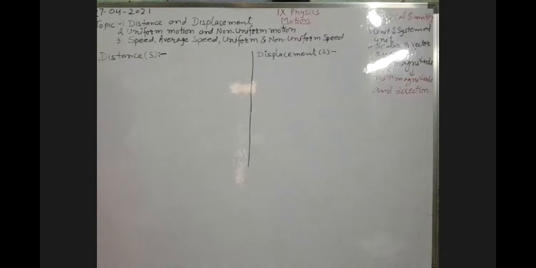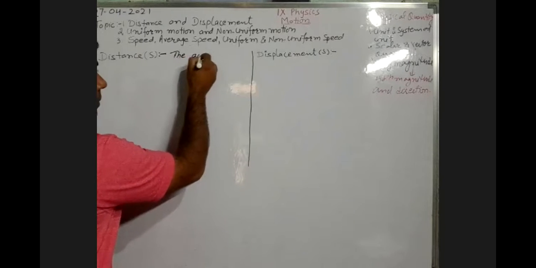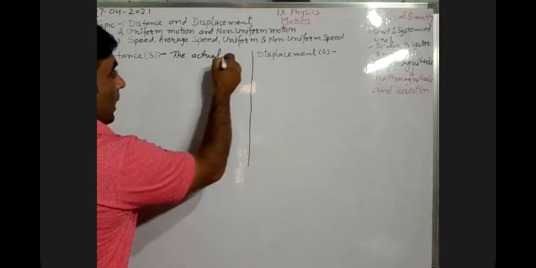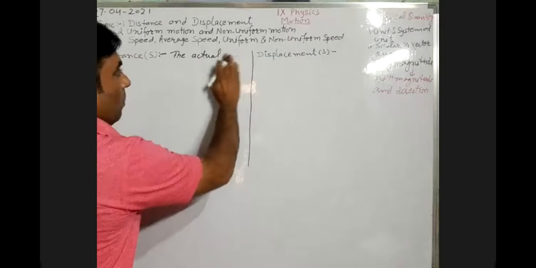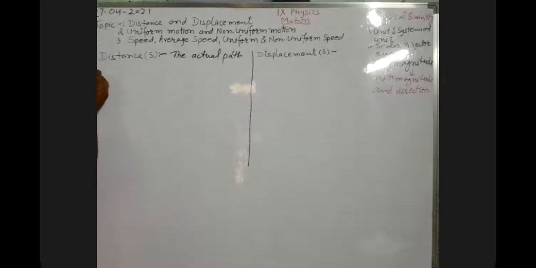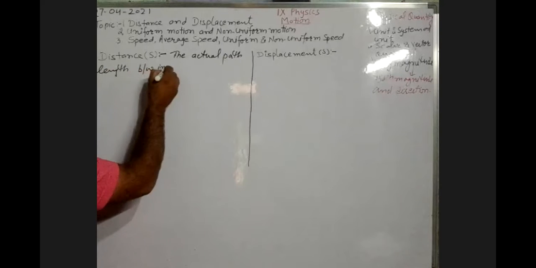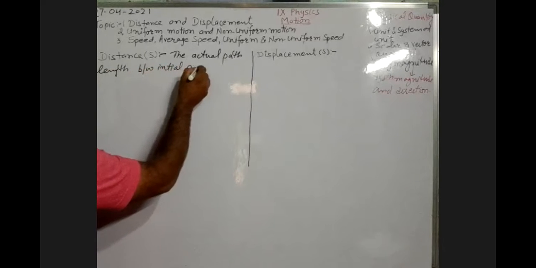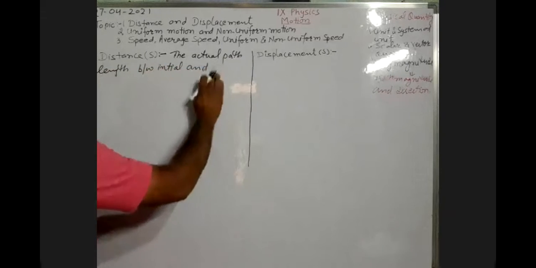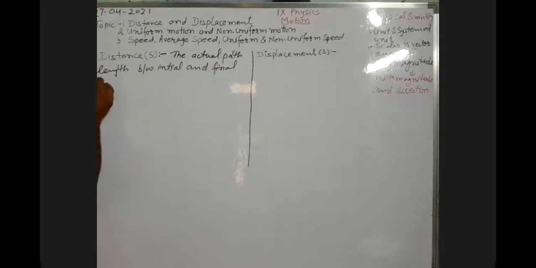So distance. What is distance? Distance is the actual path length between initial and final position.